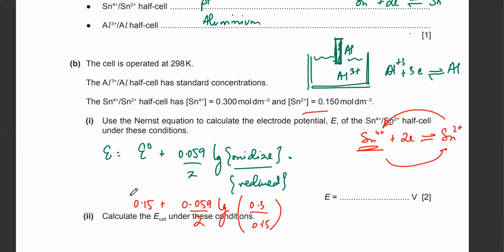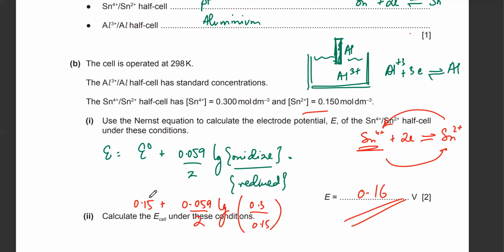Please try and calculate this quickly. You can remember this is the Nernst equation, which finds electrode values for non-standard solutions. Lubena, have you done this? Ethan? 0.16? Yeah. So you're getting 0.16.